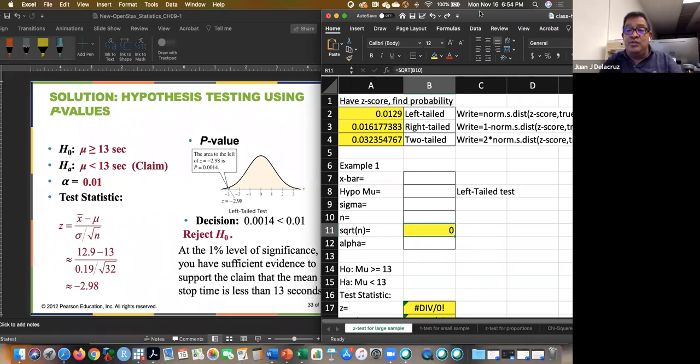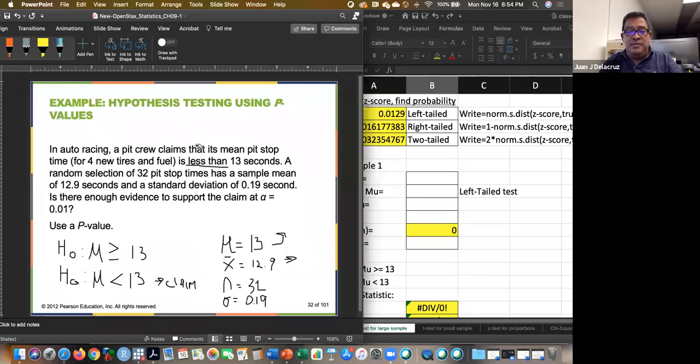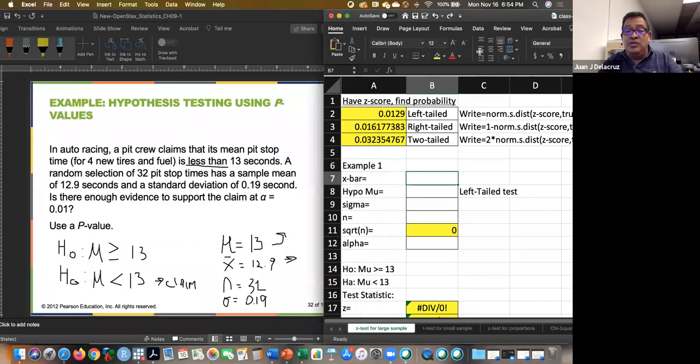So all I have to do is the following. I am going to include the X bar. Let me go to the previous one. I'm going to include the X bar. In this case, the observed mu is 12.9. The hypothesized mu is going to be equal to 13.